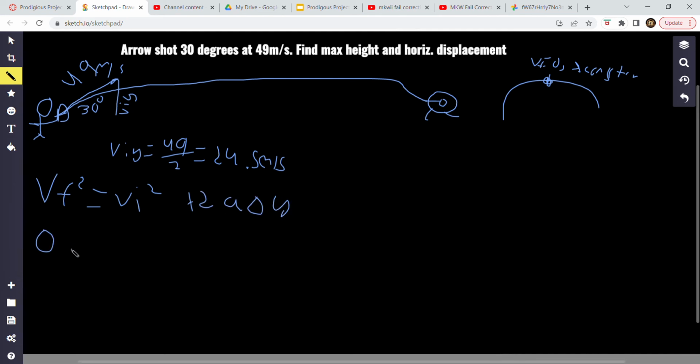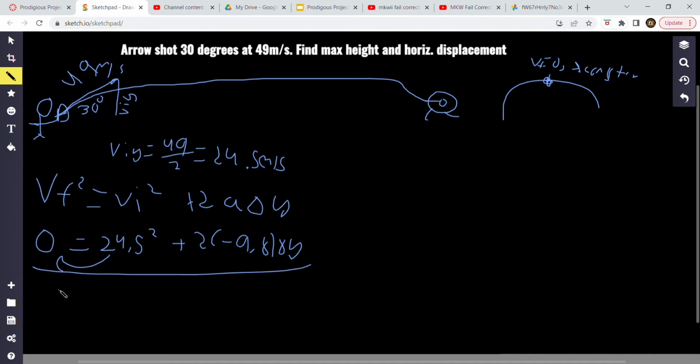Now we can get 0 is equal to 24.5 squared plus 2 times negative 9.8 times delta Y. So we're going to move this here, divide out by negative 19.6, and we're going to be left with delta Y is equal to 30.6 meters.